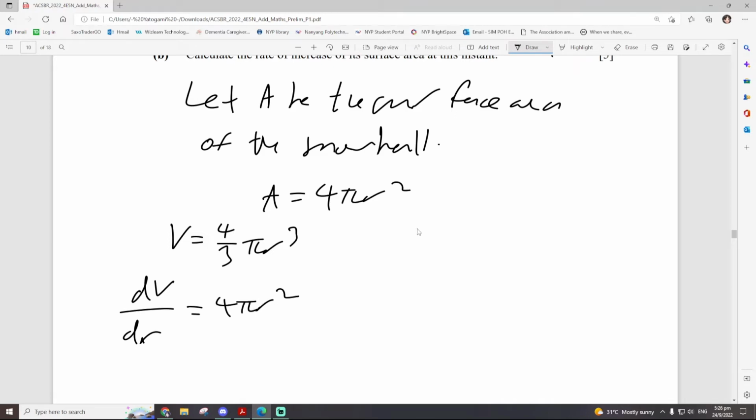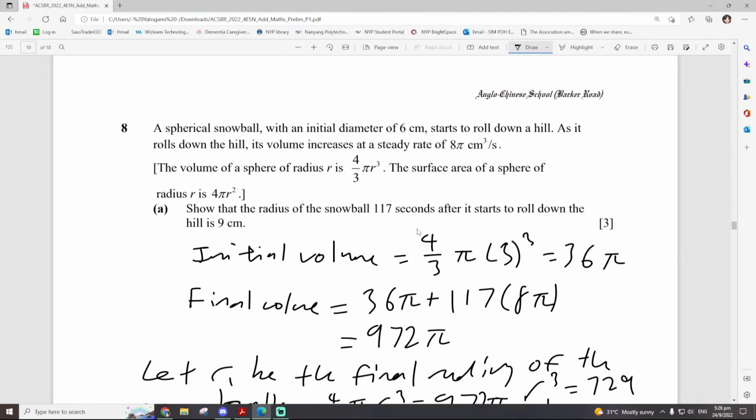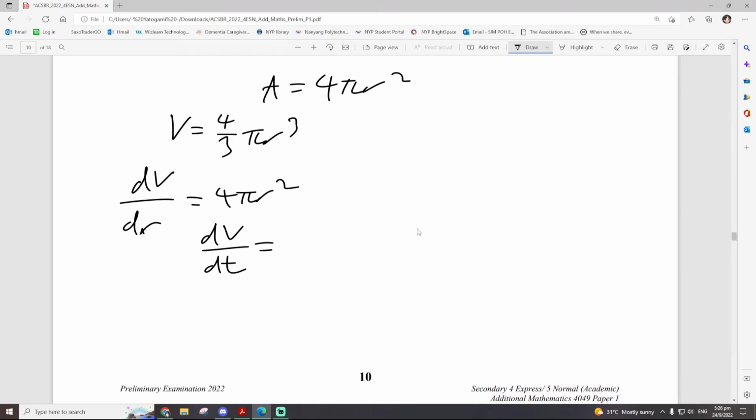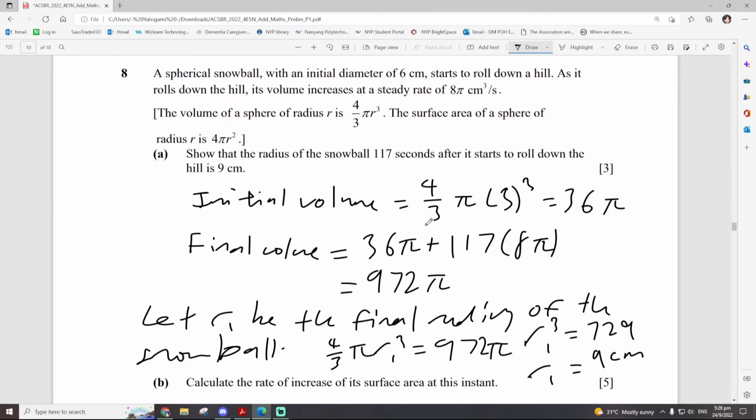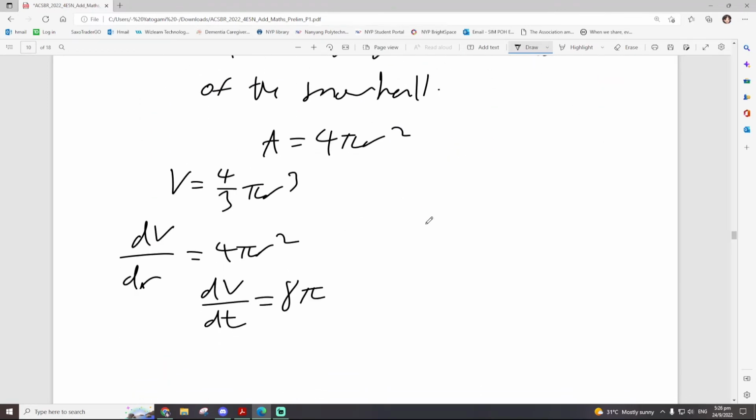Okay. Then we are given dV/dt. We know that dV/dt is a constant, given as 8 pi. From here we can find dr/dt. Is it 8 pi or 9 pi? I think it's 8 pi, right? Yes, 8 pi. At the same time, I can find dA/dr.